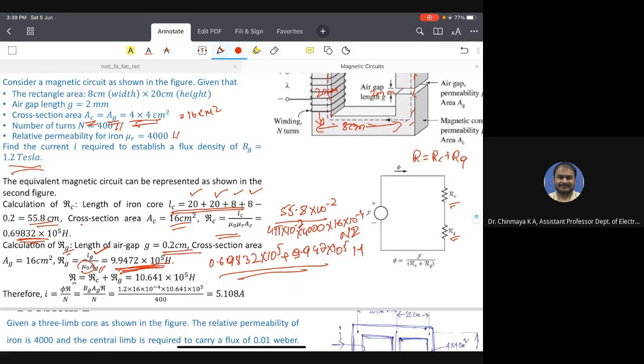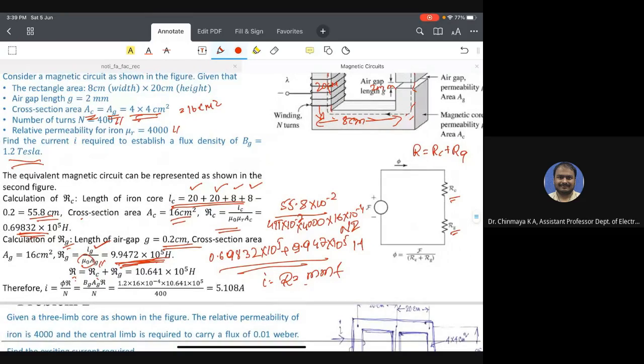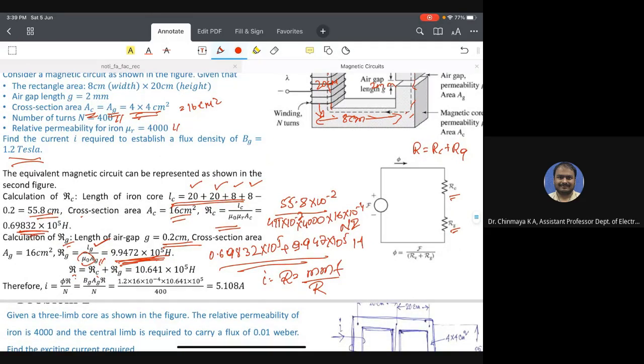So the overall reluctance, we can calculate it as R is equal to RC plus RG.